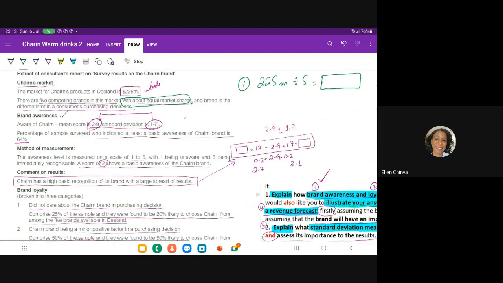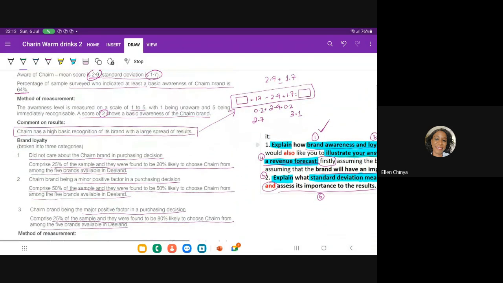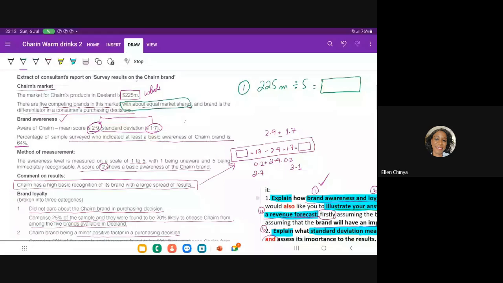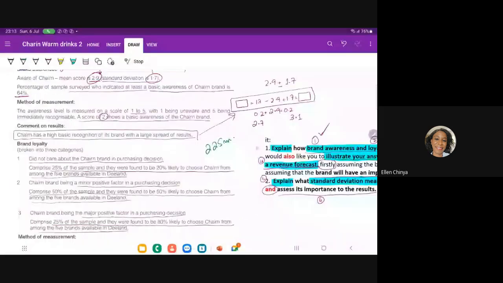Now the problem is with the second part. In the second part, they are saying that okay, fine, there is a problem, something related with awareness and loyalty, right? The question says that overall the market is 225 million, out of which 64% have at least a basic level of knowledge of the company's product.